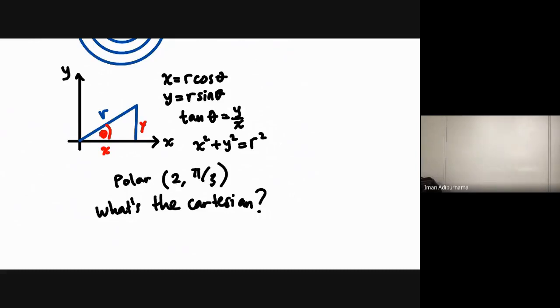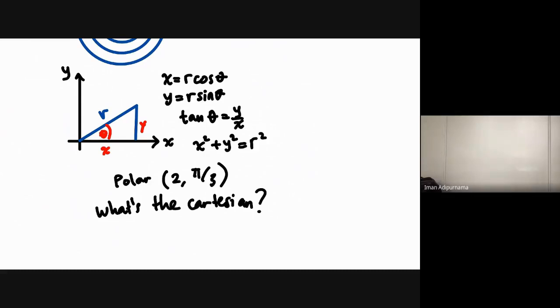So if you have 2 and pi over 3, remember that in polar, this is the radius, this is the theta. So if you need to convert polar to Cartesian, you need to just use these 4 relations.